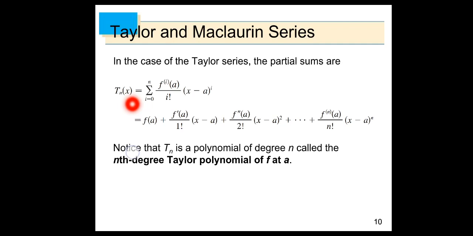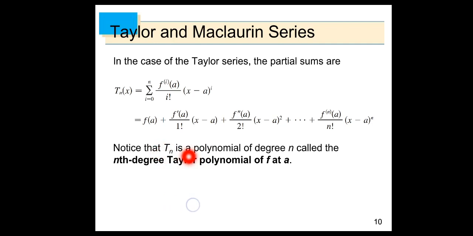It could be 6, it could be 7, it could be 8, and n could be any number here, right? So when we simplify it, it would be f of a plus f prime of a divided by 1 factorial into (x minus a), right? Same form, we are just writing it down and adding this series.